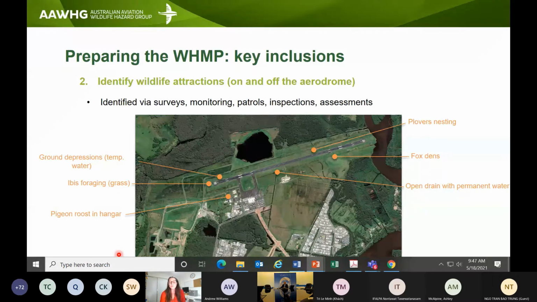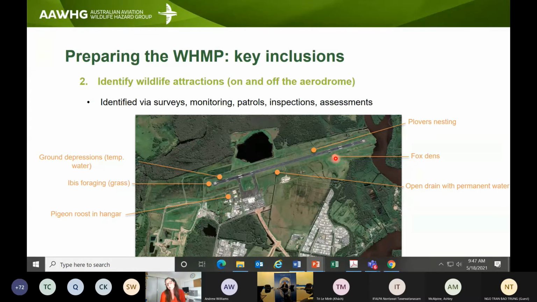Moving over to the right, there was an area on the airfield that plovers, which is a ground nesting bird, had established a breeding territory and were successfully having breeding seasons. They also identified on this particular airfield fox dens, which they identified through their monitoring, particularly their monitoring of an evening.